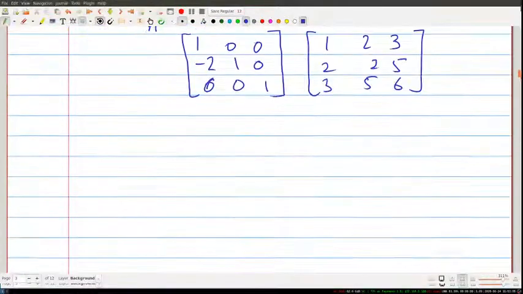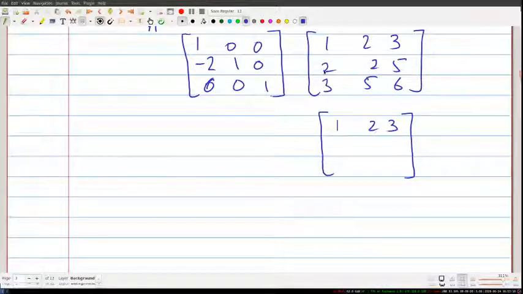Let's find out what this matrix is going to be. This matrix is going to be 1, 2, 3, and let's do this elimination step. So this gives me 0, minus 2 times this, so minus 4 plus 2, which is minus 2, I believe, and minus 6 plus 5 gives me minus 1.